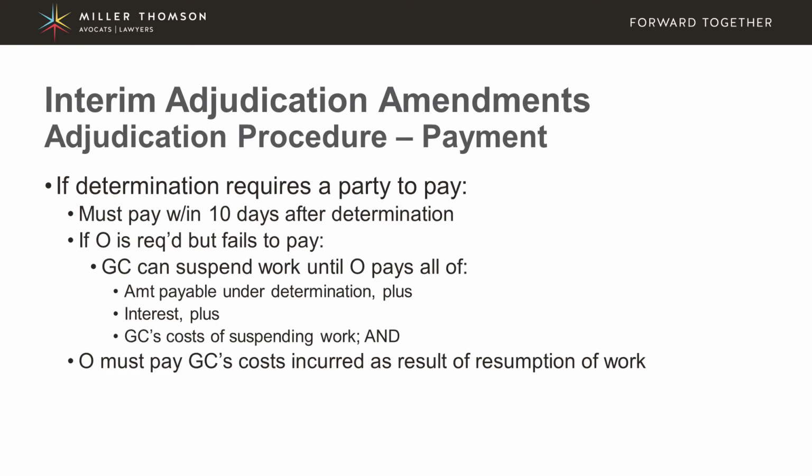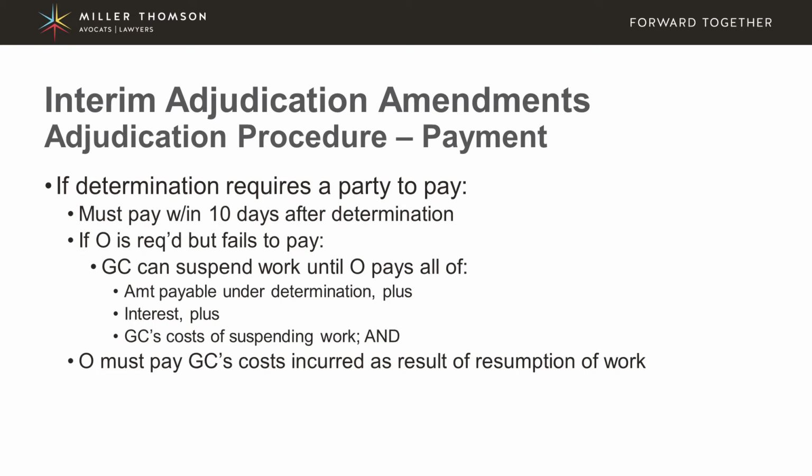Now, once an adjudicator issues its determination, if that determination requires one party to pay another party or other parties, then that payment must be made within 10 days after the determination, which is a very short time period.